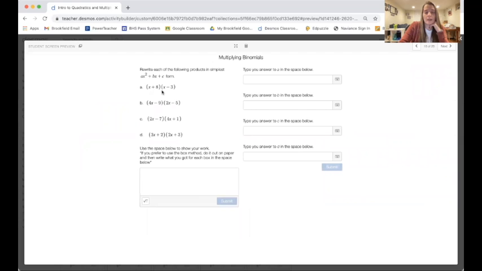So binomial times binomial, bunch of ways that you can do this. If you prefer to use the box method, you can do that outright. I can show you just for the first one, you'd have x, then you'd have plus 8.